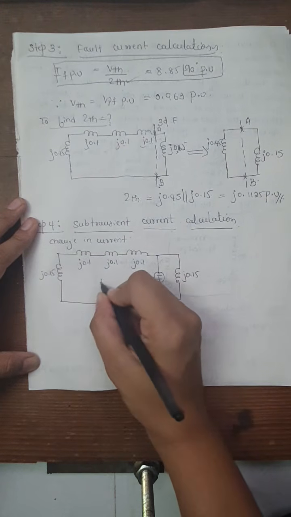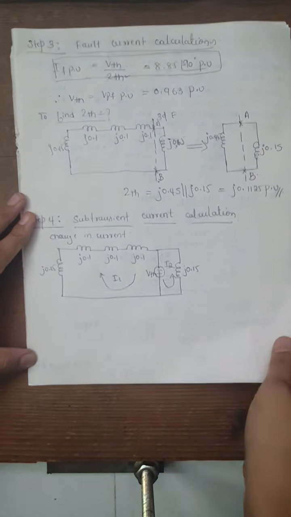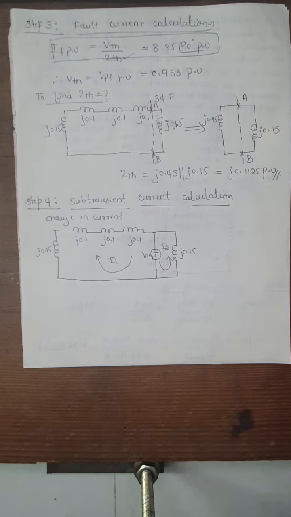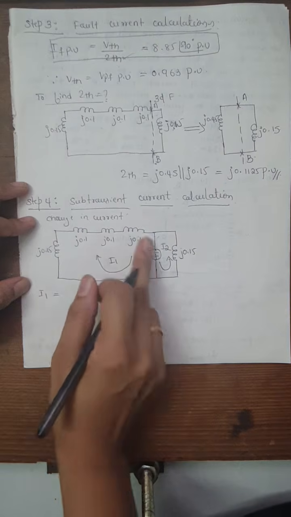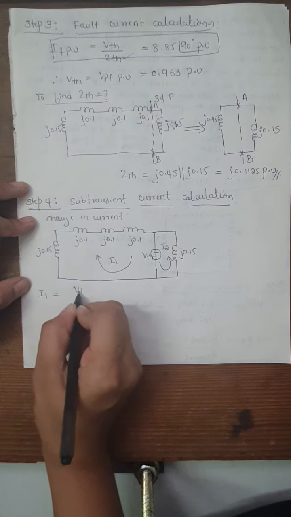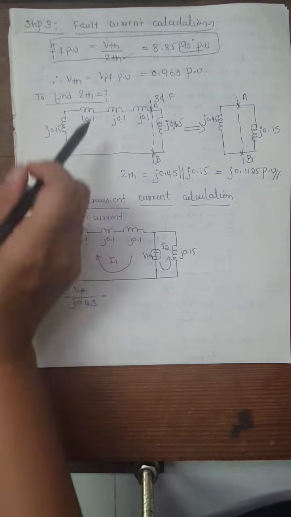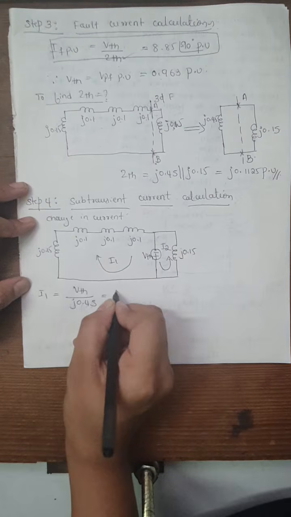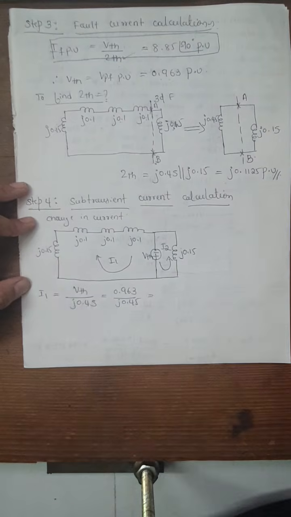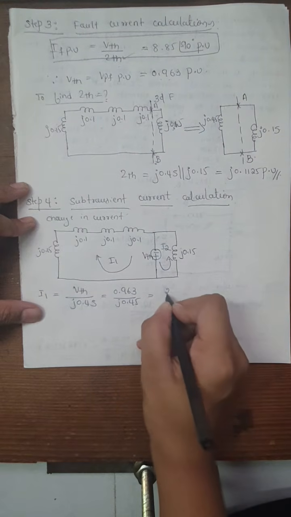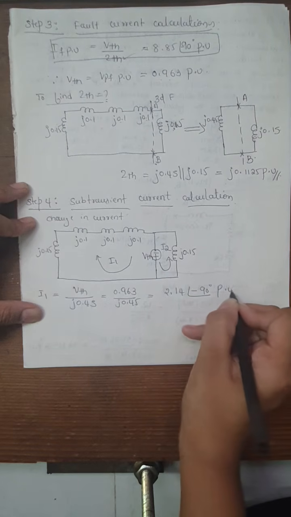So here the current flowing will be I1, current flowing will be I2. So now we need to calculate I1 and I2 separately. So now I'll write the formula. I1 is equal to VTH by all the reactances, that is J0.45. VTH value we have obtained here 0.963 divided by J0.45. We will write the final answer as 2.14 at an angle of minus 90 degree per unit.